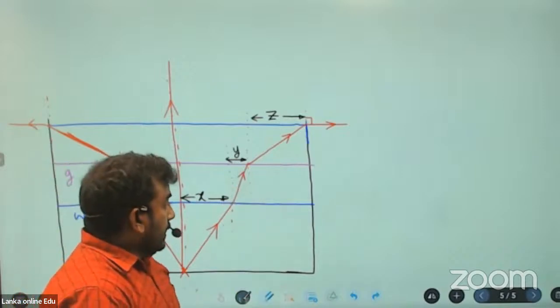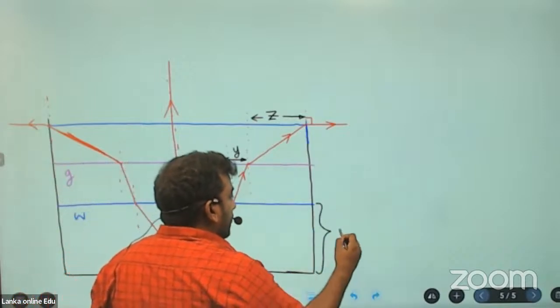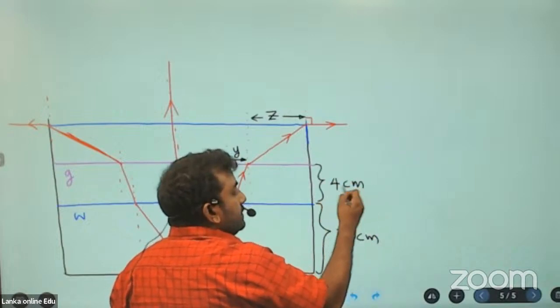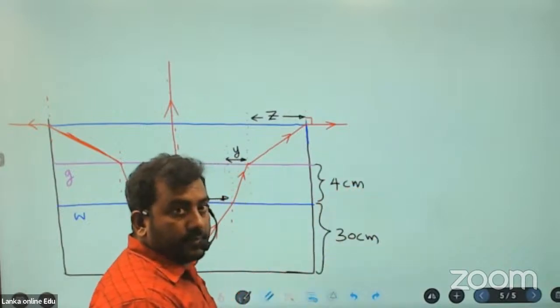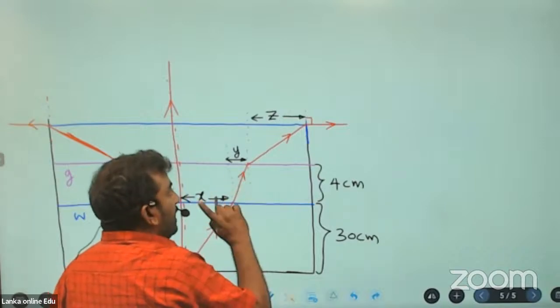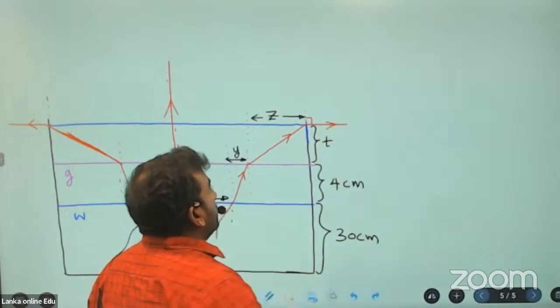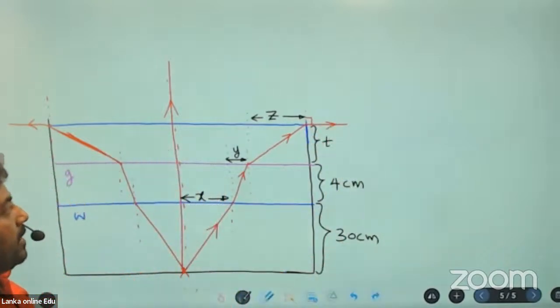Why? This is 30 centimeters. This is 4 centimeters. These two have not changed. So the X and Y won't change. So only this part we have to carefully find.